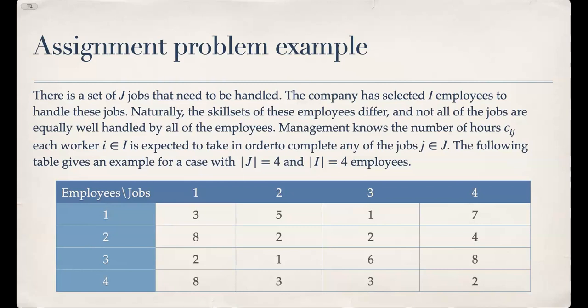Yes, the total time required for everyone and every job. So the ultimate goal is to decrease the whole time, right? The total time required to complete all the jobs.